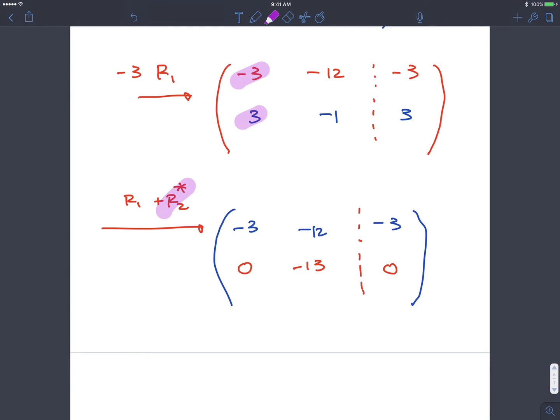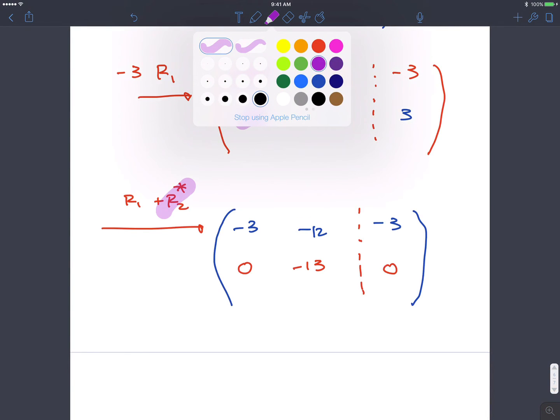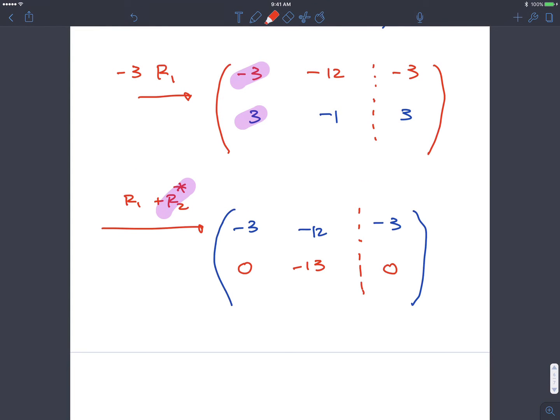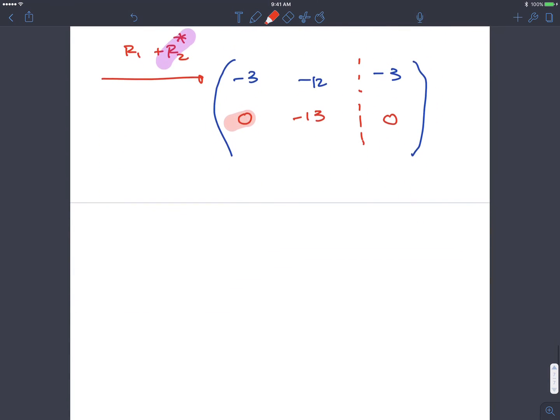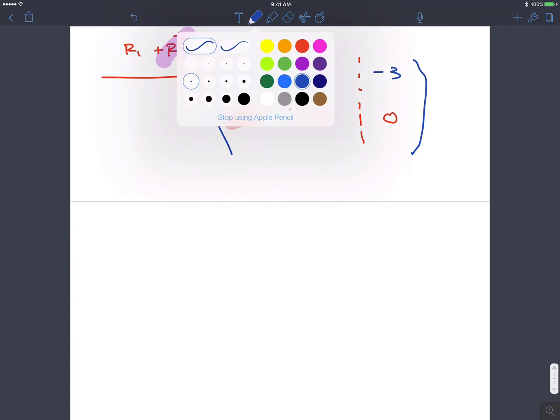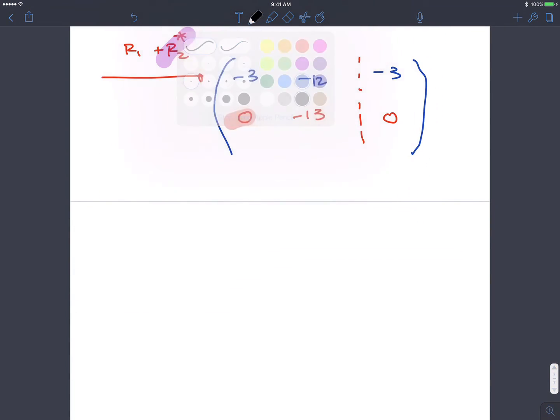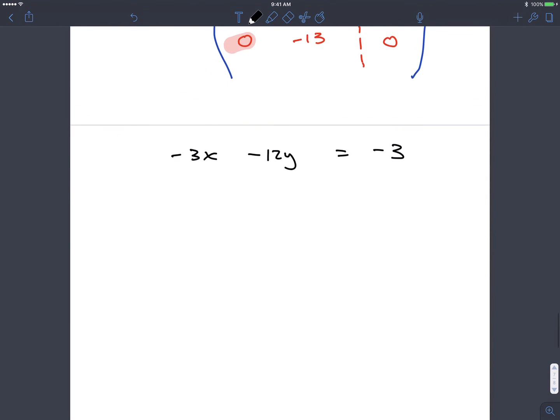We have a matrix in what we say echelon form, or simply row echelon form, because this key entry is 0. Now, use these coefficients to rewrite your system. Negative 3x minus 12y is negative 3. And we can say 0x minus 13y is 0.